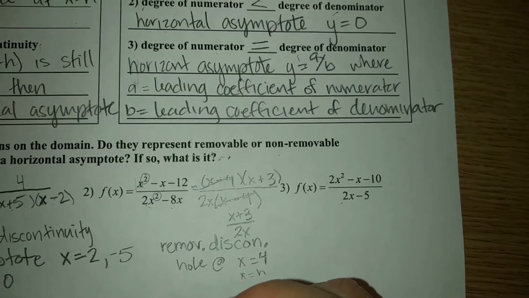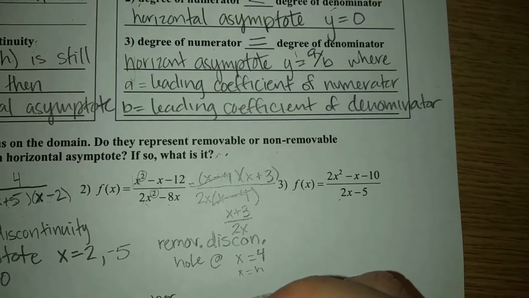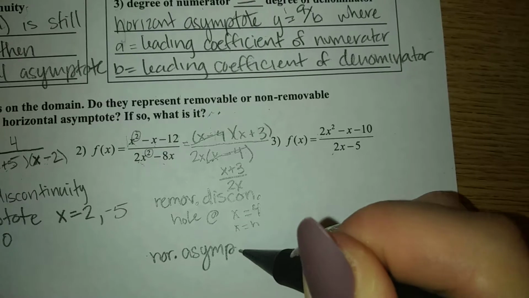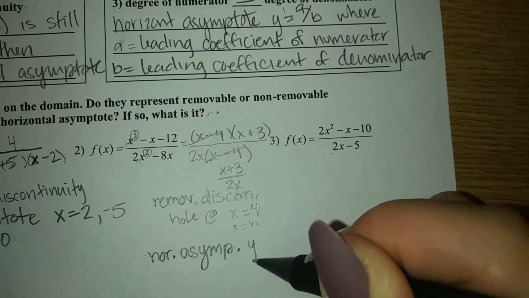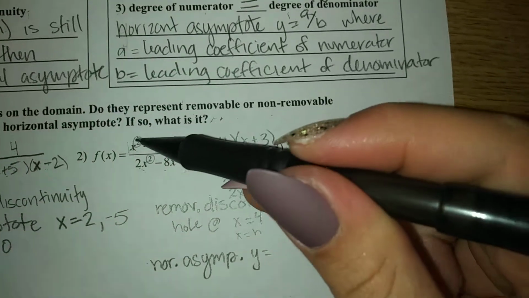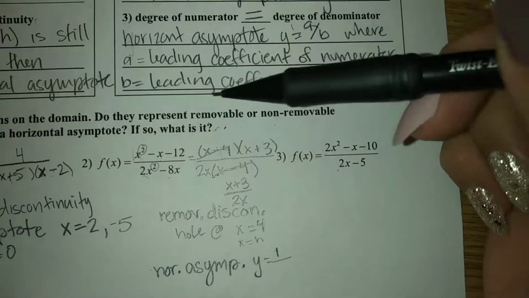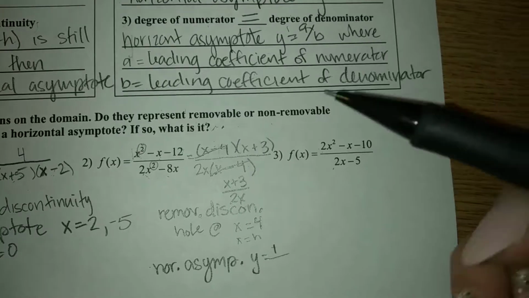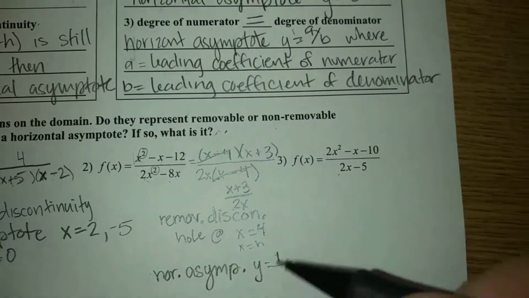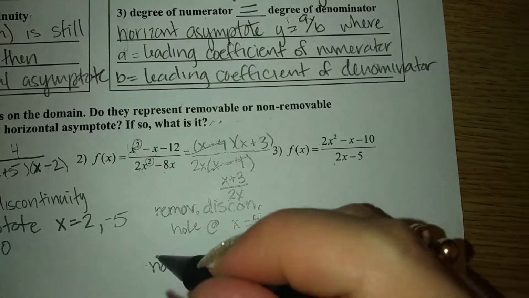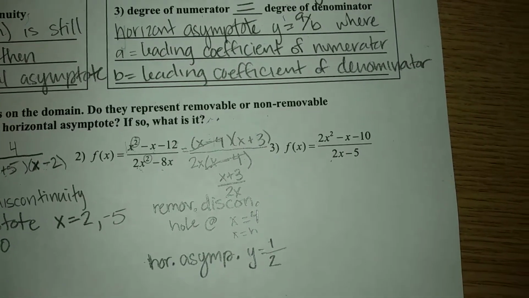So I'll say horizontal asymptote at y equals 1 over the leading coefficient of the denominator, which is 2. So I have y equals 1/2. And that is my horizontal asymptote.